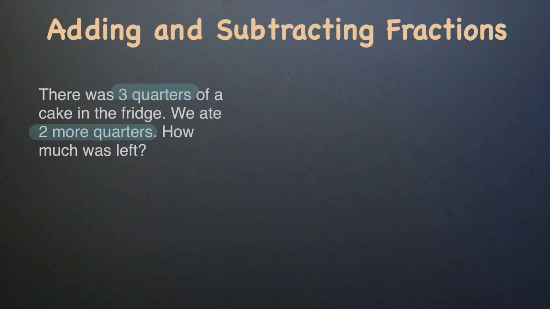We could write 3/4, take away 2/4, equals. Now, since we've got quarters here and quarters here, they're the same size pieces, so we've got basically 3 take away 2, which is going to leave us with 3 take 2 is 1/4.